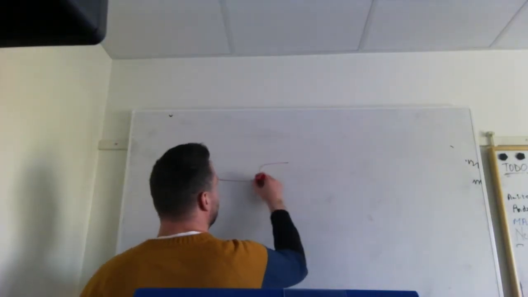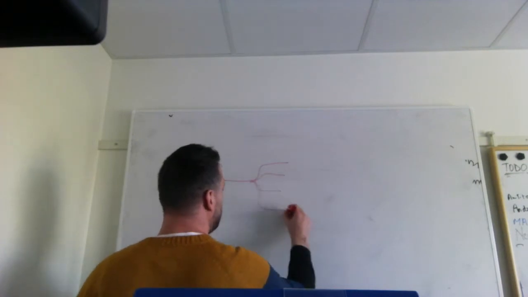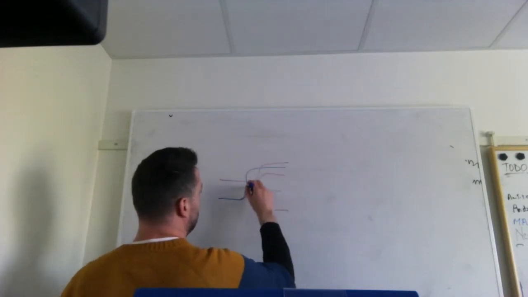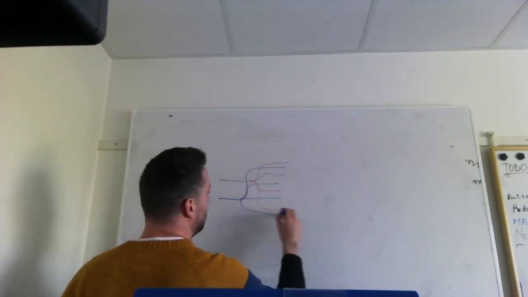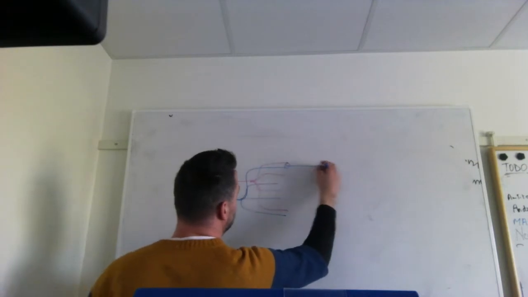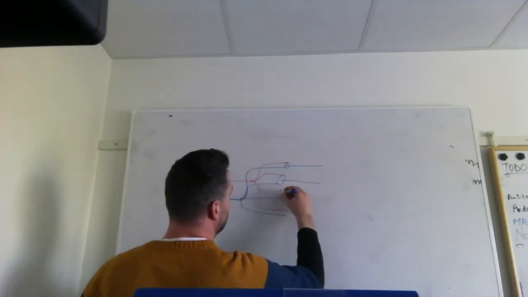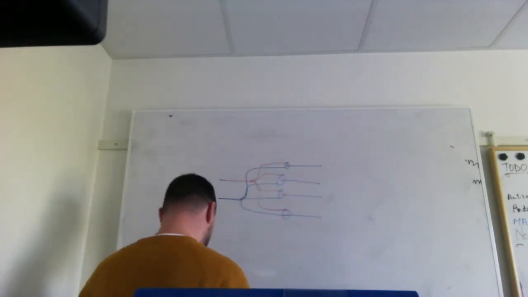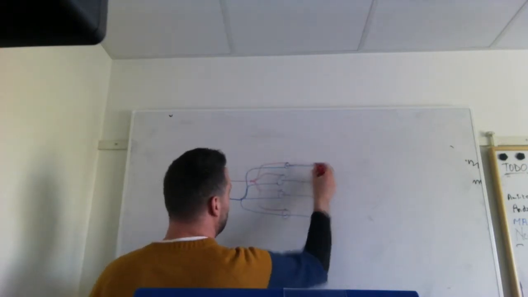Let me draw that. So I have my stream A coming in here, and it's splitting in a number of small streams. I have my stream B coming from behind, and also splitting into a number of fingers. And now I'm going to interconnect these two points, and these two points, and these two points, and these two points. So here I get a mixture of red and blue.